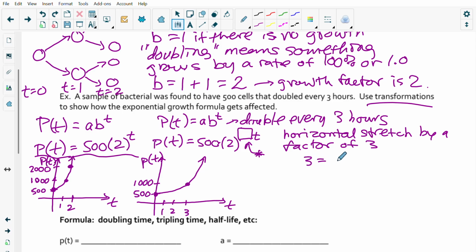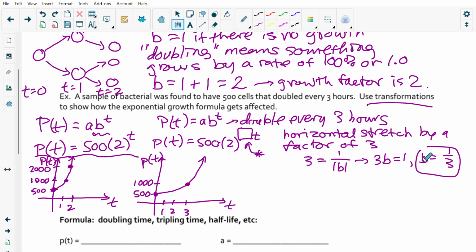Remember, when the factor is 3, then that b value, not to be confused with the b value, the growth factor, the b value, the transformation value, well, that is 3b equals 1, therefore b equals 1/3. So b equals 1/3.